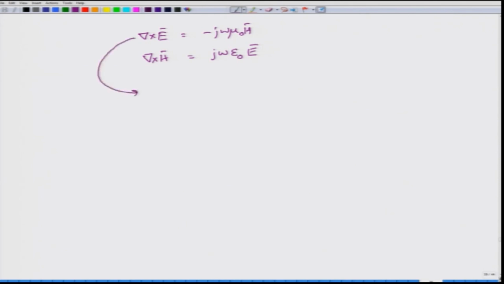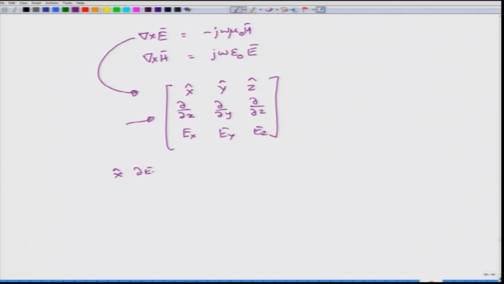Now, what is curl of E? Curl of E is basically obtained by obtaining the determinant of this matrix, which will be Ex, Ey and Ez, right, and obtain the determinant of this one, that would be x hat del Ez by del y minus del Ey by del z, minus y hat del Ez by del x.